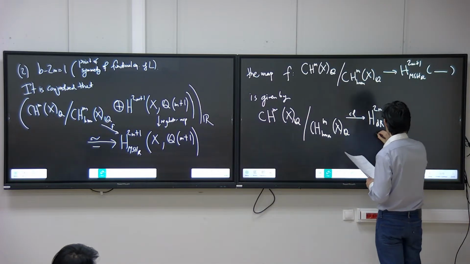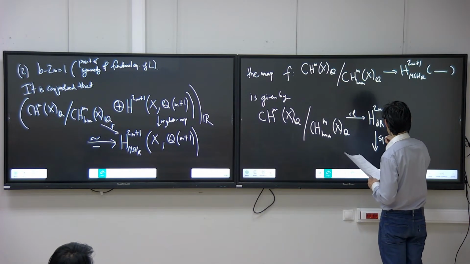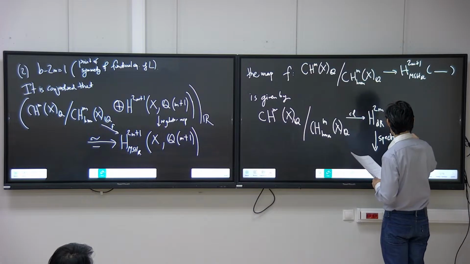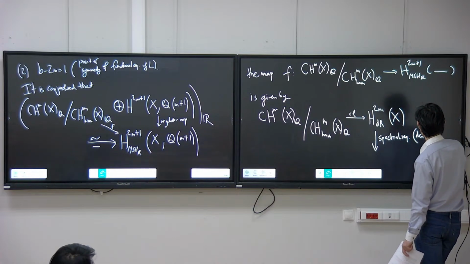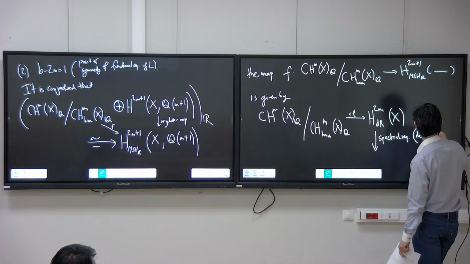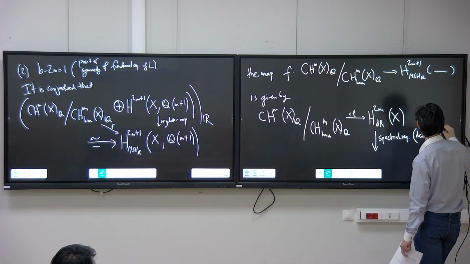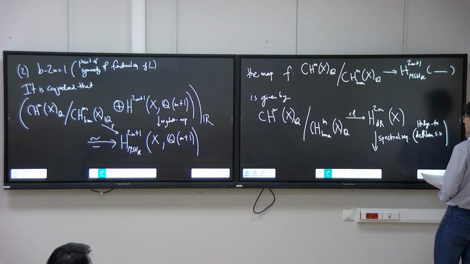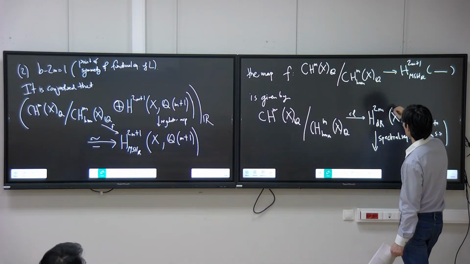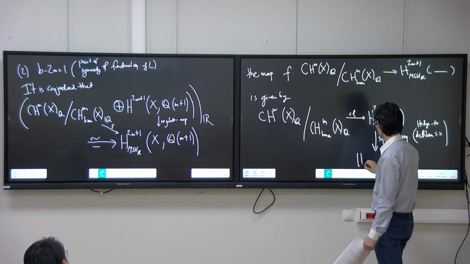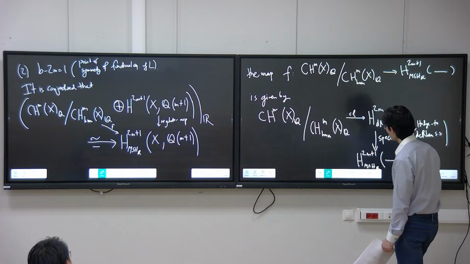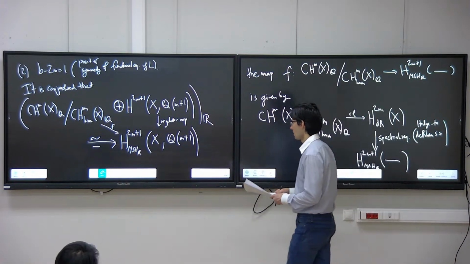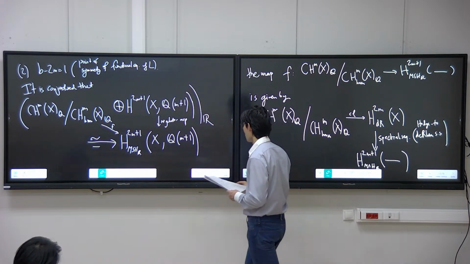And then there is some spectral sequence called the Hodge to de Rham spectral sequence, which when you analyze it, there is a map that goes from the 2mth degree to the 2m plus 1th degree of this guy. Okay, so in any case, this map is conjectured to be an isomorphism.